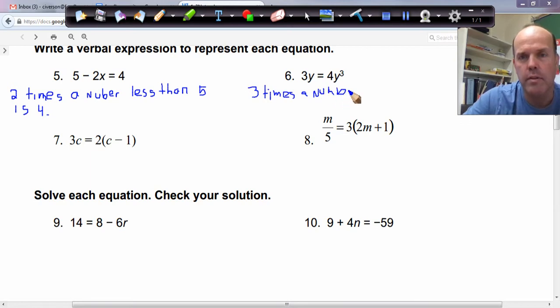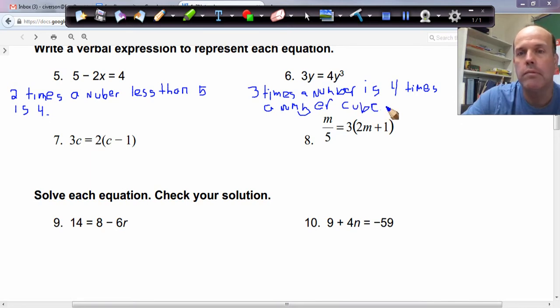This is hard to write with this. 3 times a number is 4 times the number cubed. There we go. Good enough.